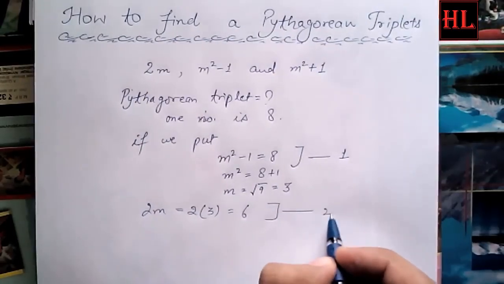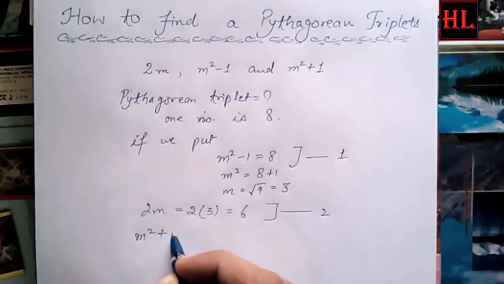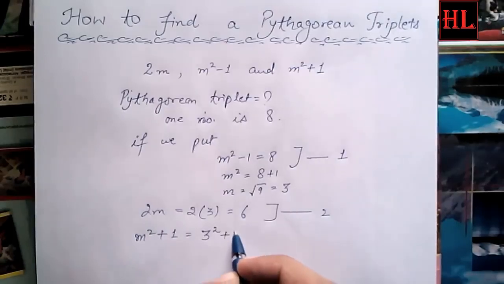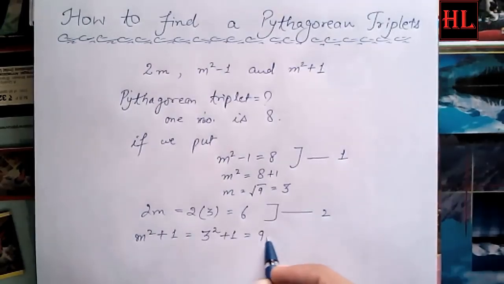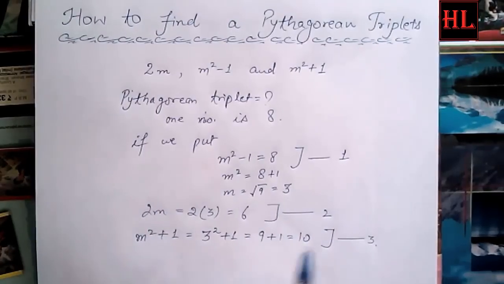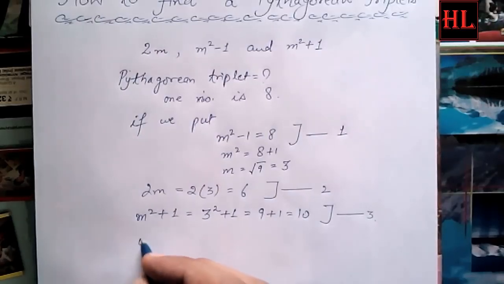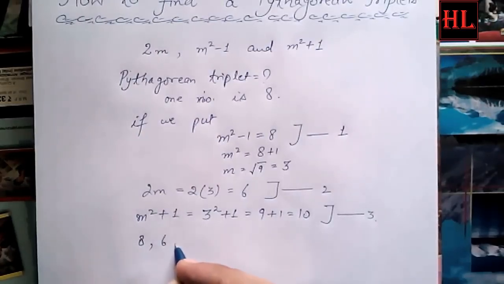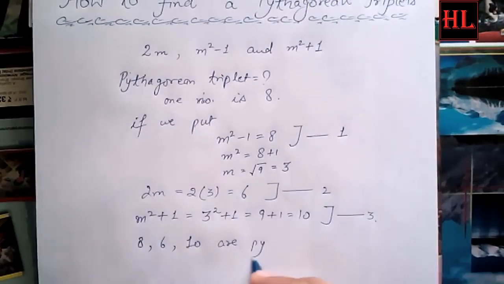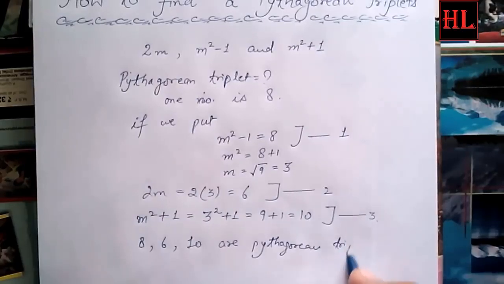It will be the second number, and the third number will be m square plus 1, which will give us the value 10. So by using these three forms we have obtained that 8, 6 and 10 are Pythagorean triplets.